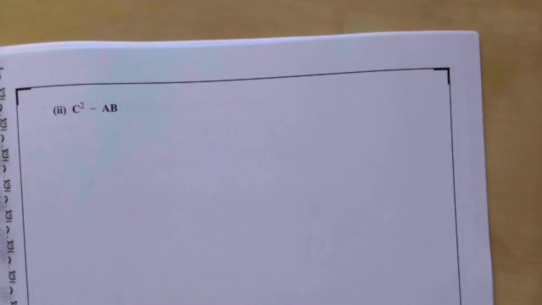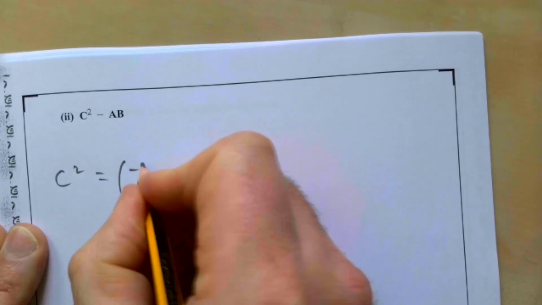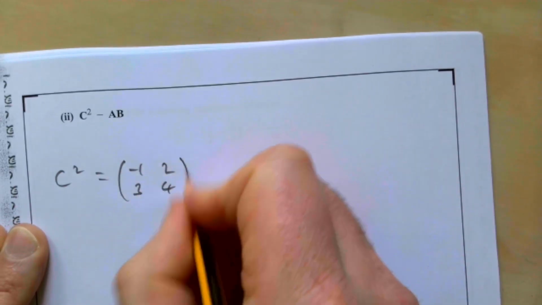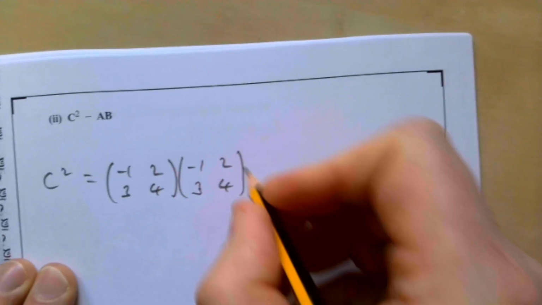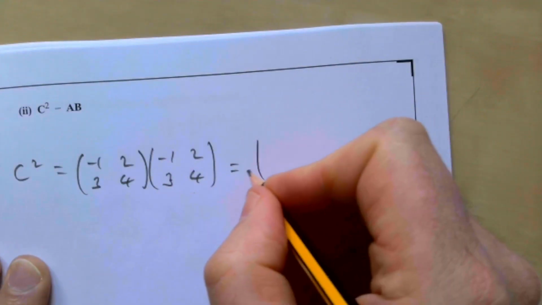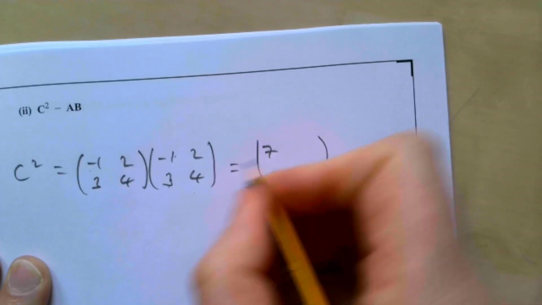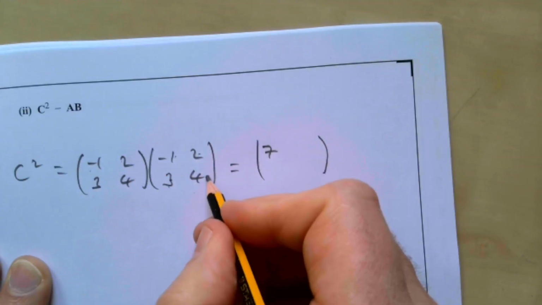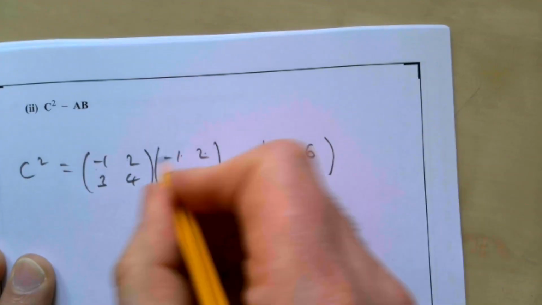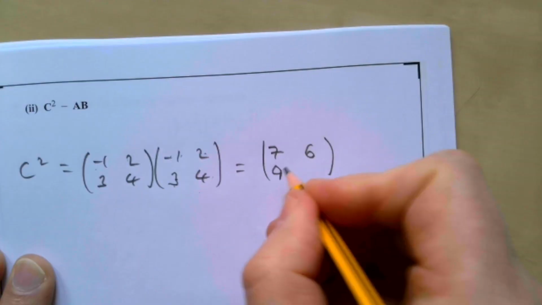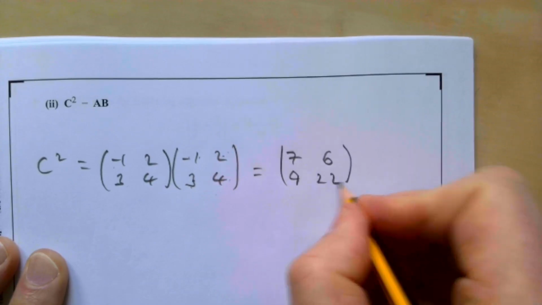C squared minus AB. Well, first of all I need C squared. Remember, you just can't square each term here. We need to do some multiplication. 1 plus 6, that gives me 7, minus 2 plus 8, that gives me 6, minus 3 plus 12, that gives 9, and then 6 and 16, that gives me then 22.